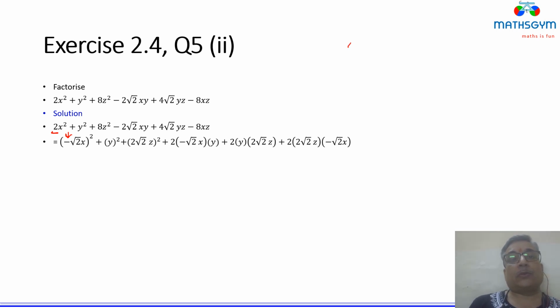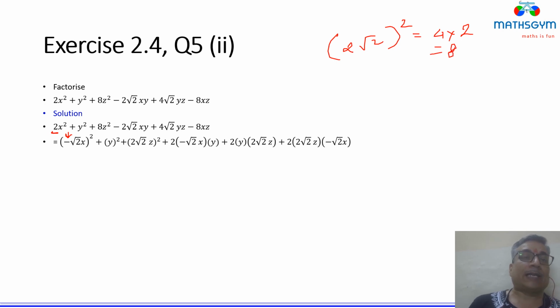Pay attention, 2 root 2 whole square, just as a number, becomes 4 into root 2 whole square, which is 2, so 8, and that's the coefficient which we want to write in the form of whole square. So we write it as 2 root 2 z square.